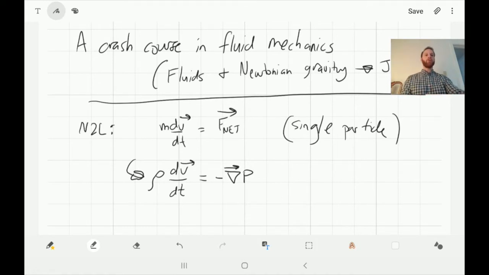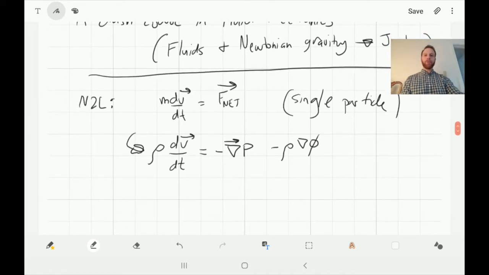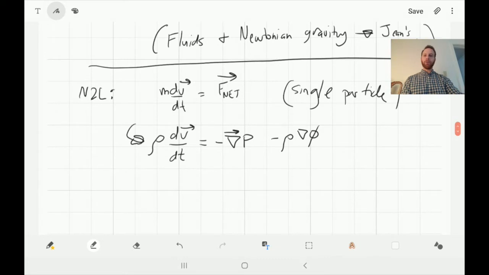There's also the term that has to do with Newtonian gravity, and I'm going to write this as minus the density times the gradient in the gravitational potential, phi. I'm not sure if this form is familiar to you, but let me at least write down how phi is related to the density. I'll write grad squared phi is equal to 4 pi G rho.